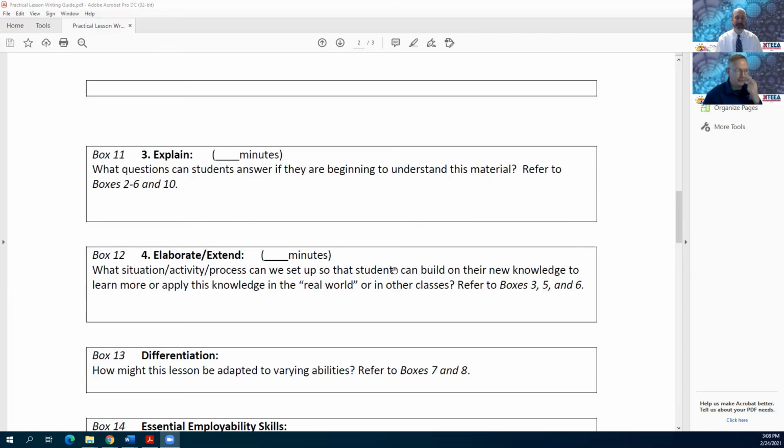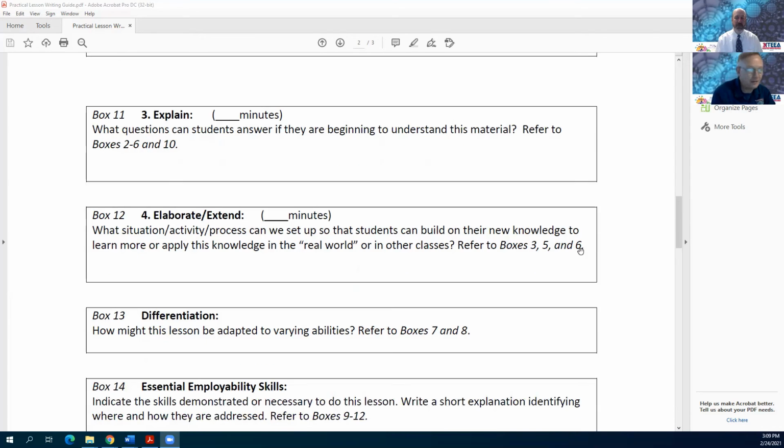Okay, on to the elaborate extend section. This is where we set up some type of situation, some type of activity, some type of process where they can build on this knowledge. This is where we would take that tourniquet and not do it on a pool noodle, but maybe practice on a mannequin, or maybe even practice carefully on a person.